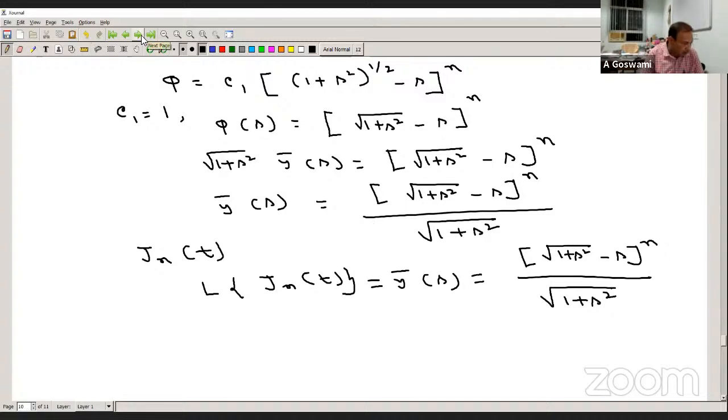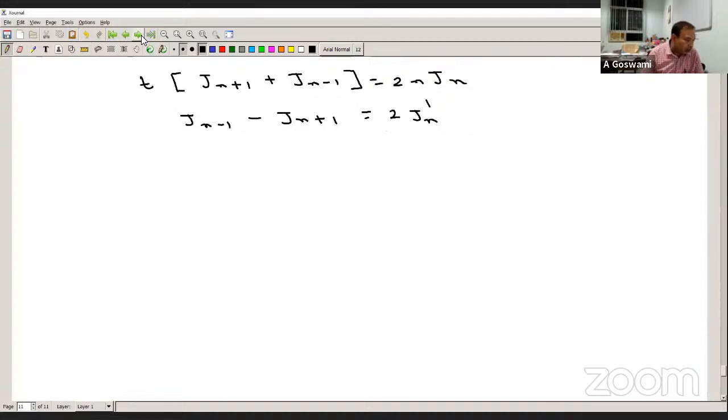Please note that from here itself you can obtain, by using the inverse Laplace transform of y(t), that is the solution of the Bessel equation, different identities. That only I am writing. The third one you can obtain is d/dt of (t^n Jn) equals t^n Jn-1.